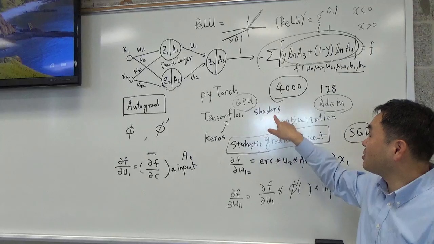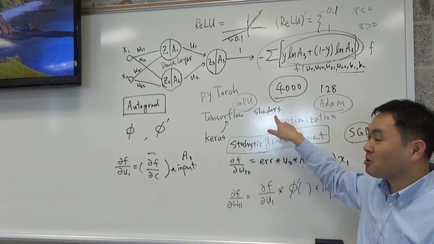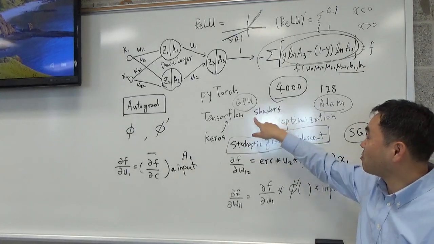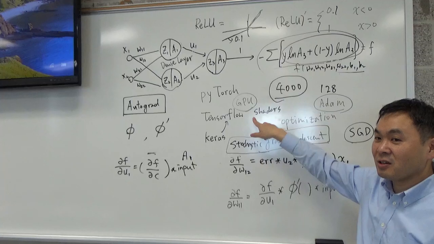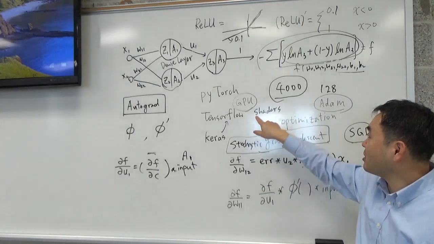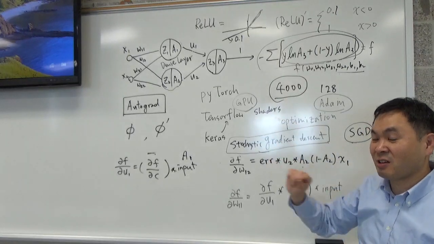What shaders are is tiny little cores, which is quite dumb because, for example, it has a command base where everybody in one of these shaders has to do the exact same calculation.